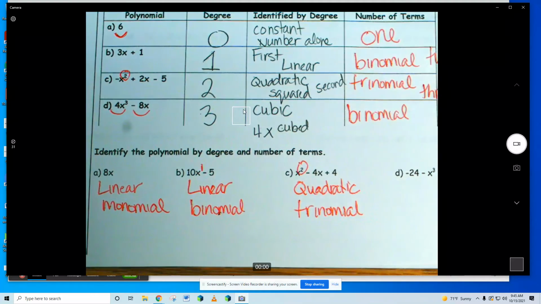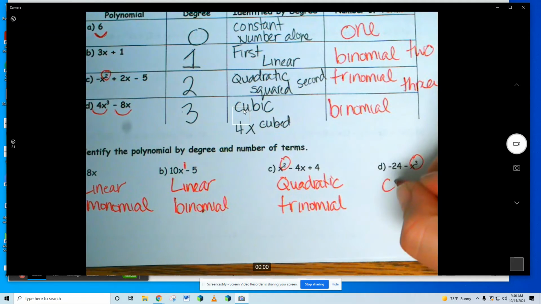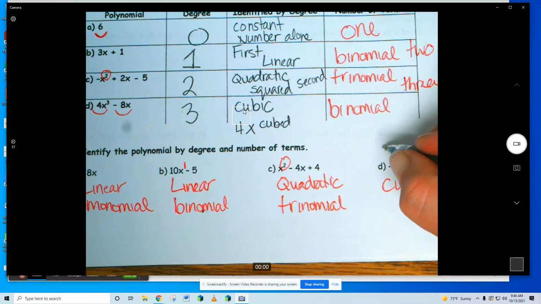And D. 24 minus x cubed is a third. What's a third called? Not Anthony, not anybody who's already volunteered. Cubic. And I want to rewrite it. It's not proper format. The x cubed has to go first.